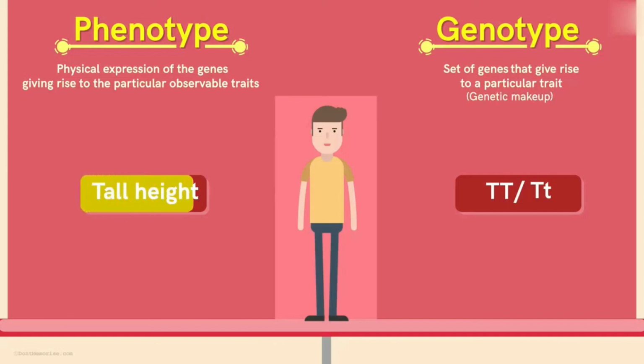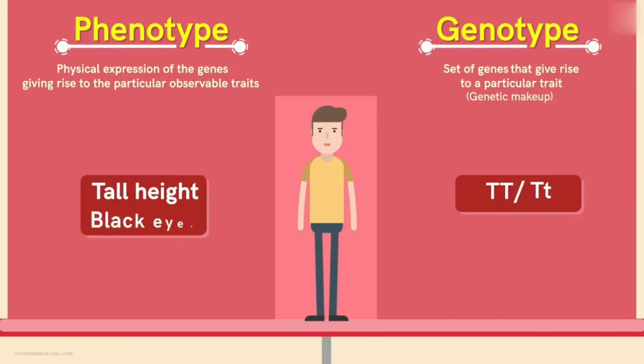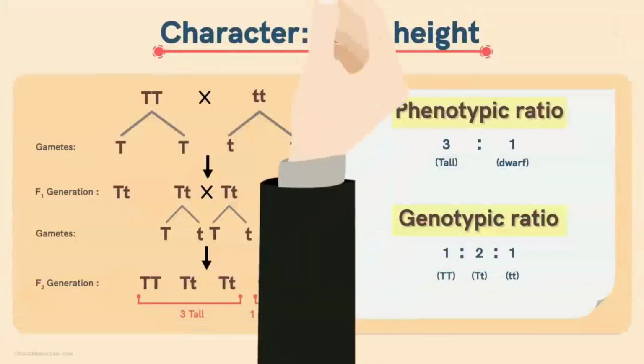So, the trait that's visible to us is the phenotype, and what genes the organism has for that trait is the genotype. For example, if this boy has black eyes, then the eye color seen by us is the boy's phenotype, and the genes that he has inherited from his parents, which are not seen by us, are a part of his genotype. Now getting back to our experiment.